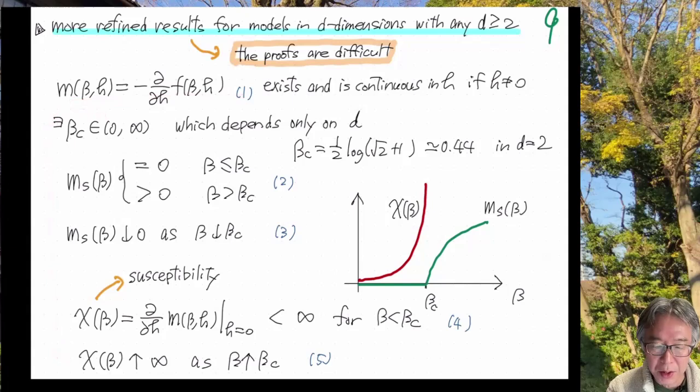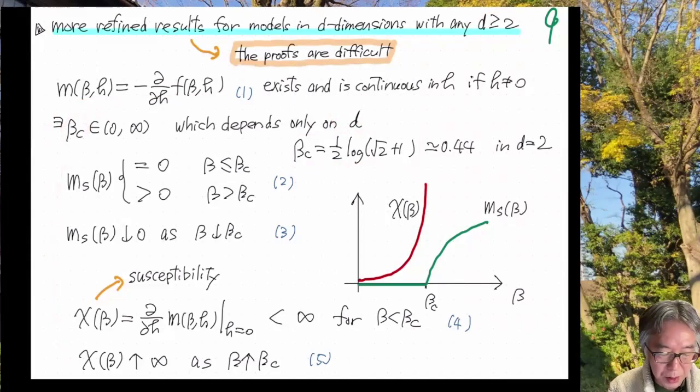So in any dimension d greater than or equal to 2, we know that there exists a unique transition point beta_c, okay, and which depends only on d. And in dimension d equal 2, we know the exact value of beta_c, but in other dimensions we don't know any exact values. But we know that it has been proved that there is a unique beta_c with these characters.